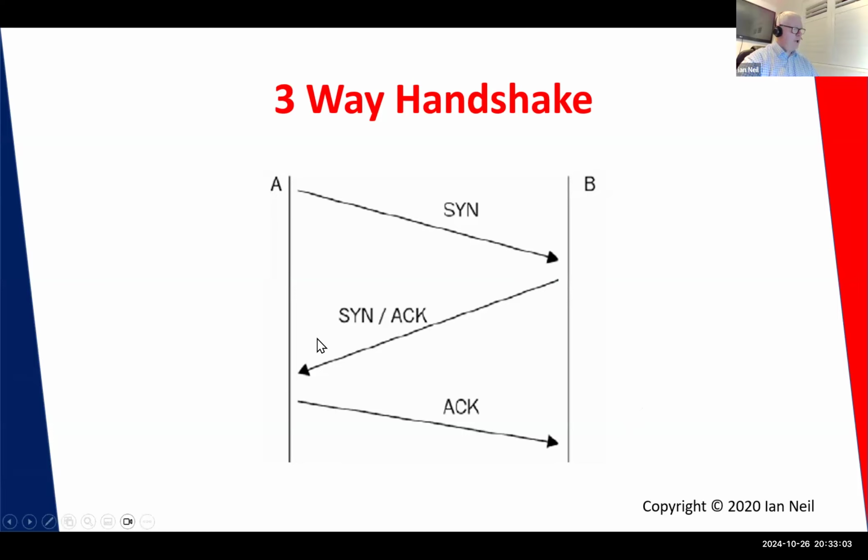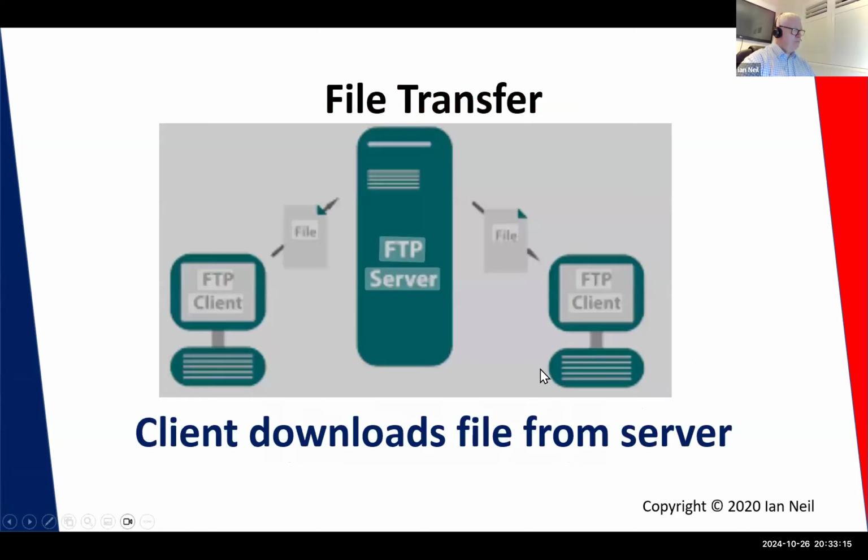So you get the three-way handshake, and when you set up Wireshark, you can see this three-way handshake happening because most of the protocols we're using are TCP based.